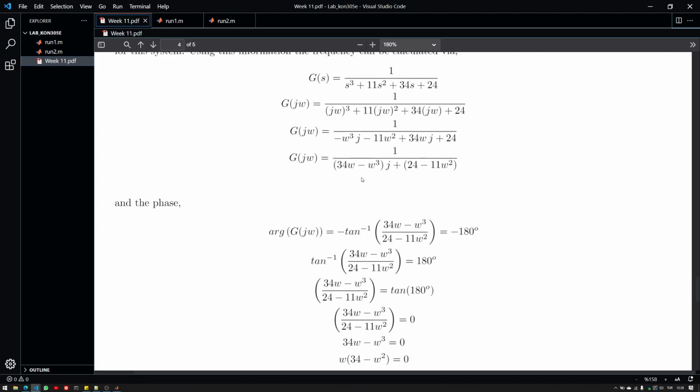Now here you can see that we have plugged in s equals j omega, and then the real part and the imaginary part are grouped here. Now you can see that if we want to look for the argument, it is the negative argument of this, and this has an arctan. If you look for the arctan of this and put in a negative, you can see that the imaginary part divided by the real part gives us that effect.